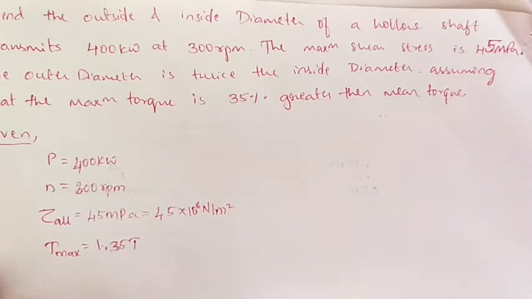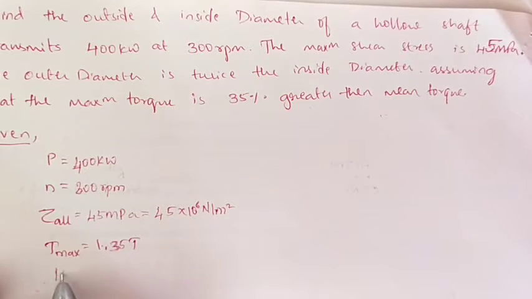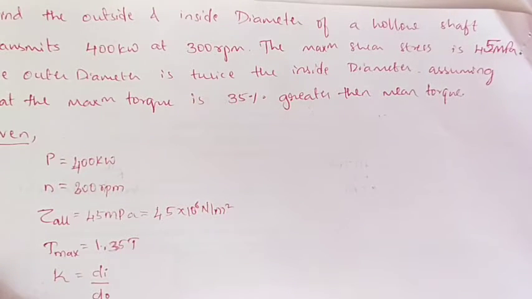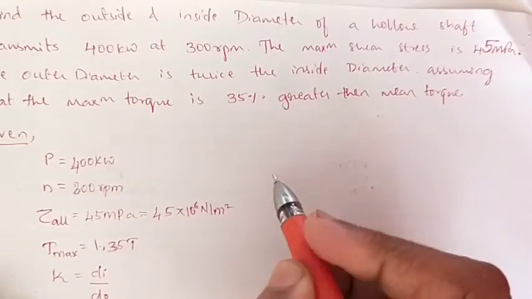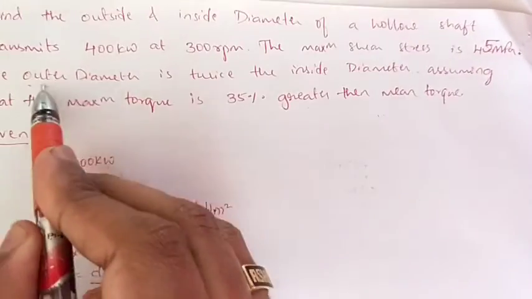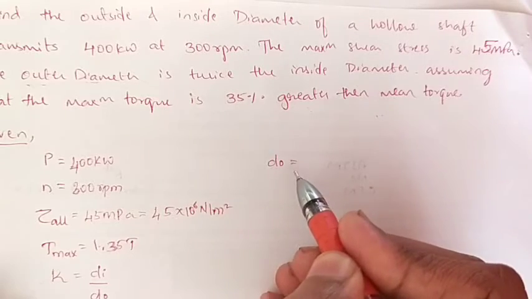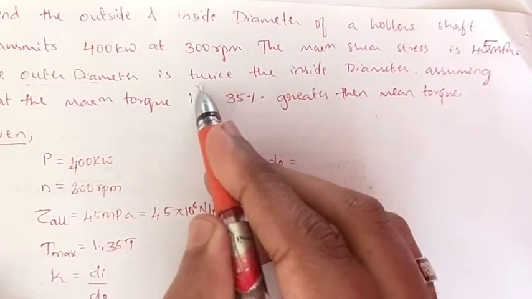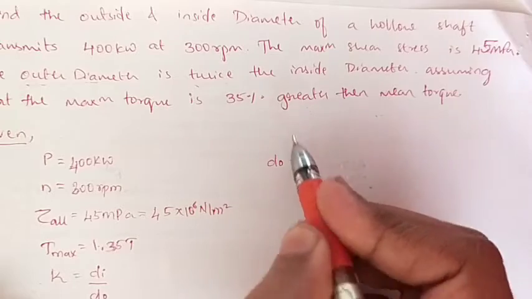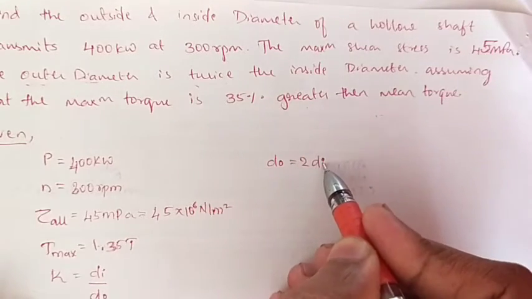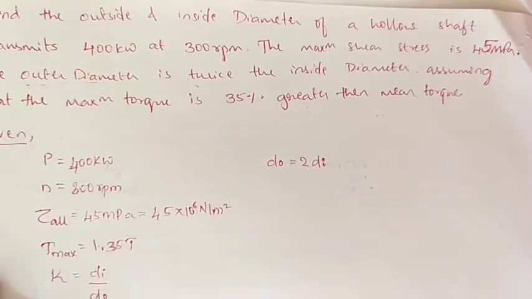Now what is he asking? K is not given. What is K? It is the inside diameter to outside diameter ratio. In the problem statement, if you read, the outer diameter, that is D naught, is twice the inside diameter.